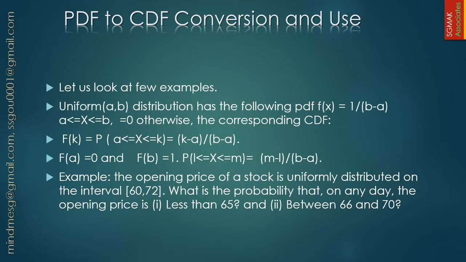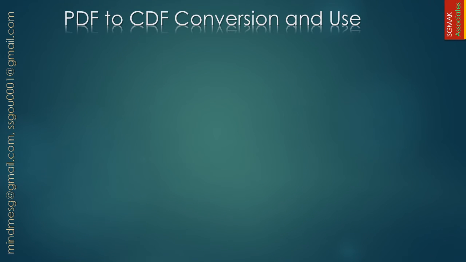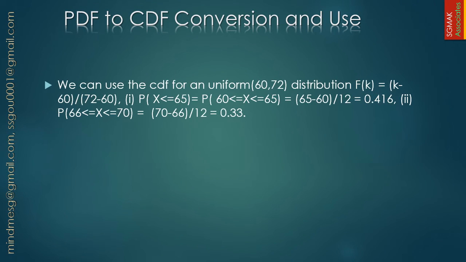The opening price of a stock in this example is treated as a uniformly distributed random variable. So we can solve both parts by using the CDF for the uniform distribution with parameters 60 and 72, which is given by F of k is k minus 60 divided by 72 minus 60.